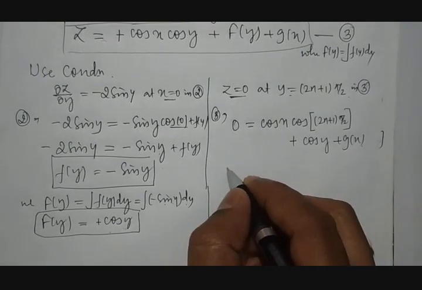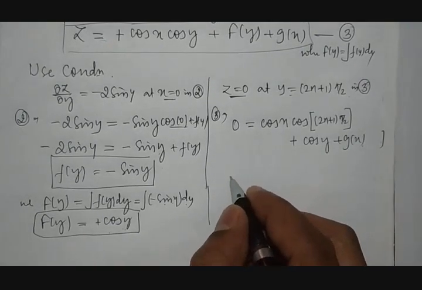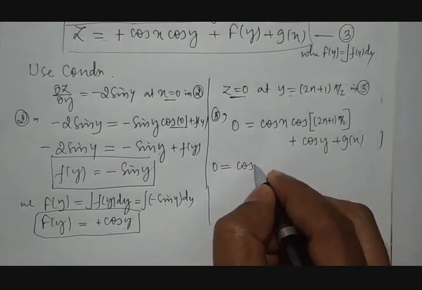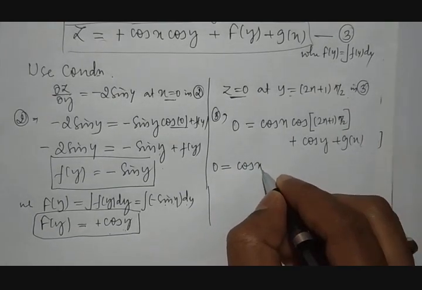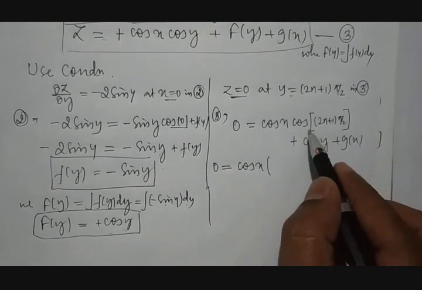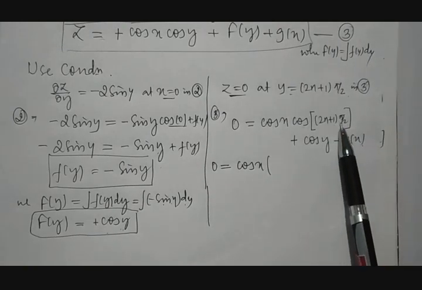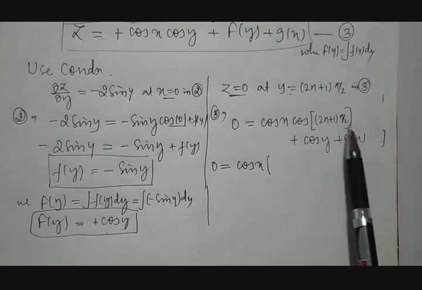Therefore, finally what we need is g of x. So this is 0 equal to cos x. And let me know what is the value of cos of odd multiple of pi by 2. Odd multiple, for example, if you take odd means 1, so cos 1 into pi by 2 means cos pi by 2.